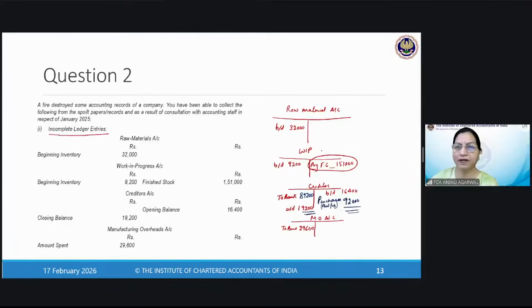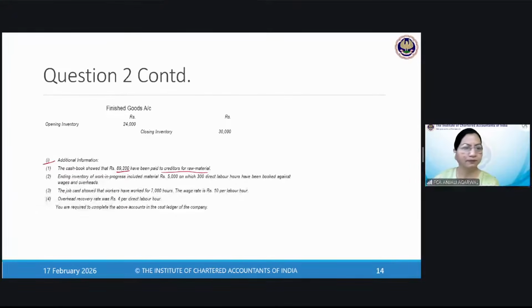This purchases of 92,000 is of raw material because creditors come when you purchase raw material. So to creditors account. This is pasted here. Right? Let's look at other information.